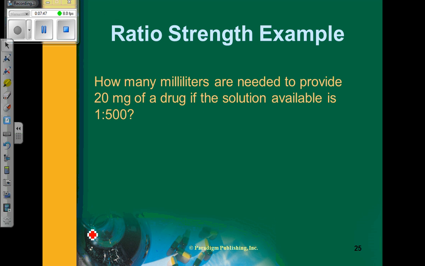So how many milliliters are needed to provide 20 milligrams of a drug if the solution available is in 1 to 500 ratio? So remember, always put what you're trying to find, X milliliters, in to provide 20 milligrams. Then you have a 1 to 500 strength.